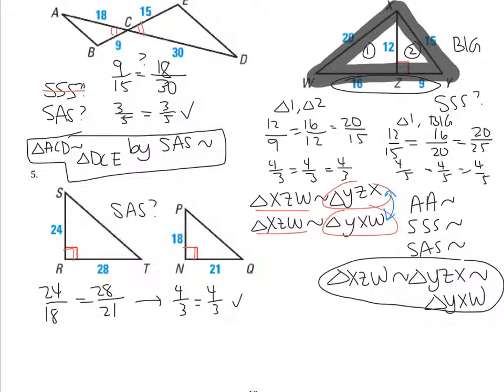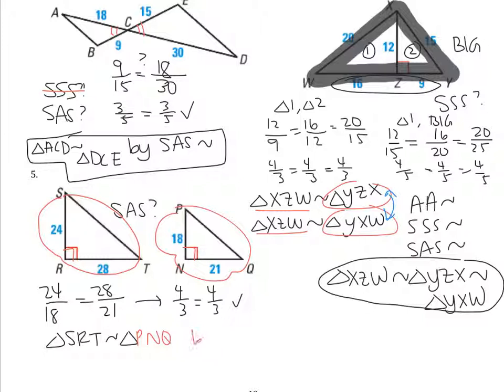Okay, so I have two pairs of sides that are proportional, and I have a pair of congruent angles. So we would say that triangle SRT is similar to, SRT goes small, medium, big side, so triangle PNQ, by SAS similarity.